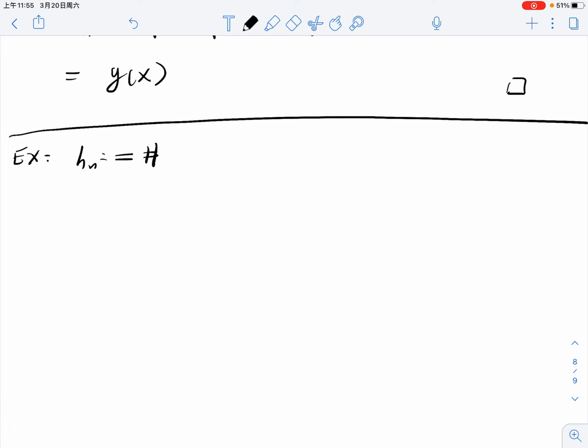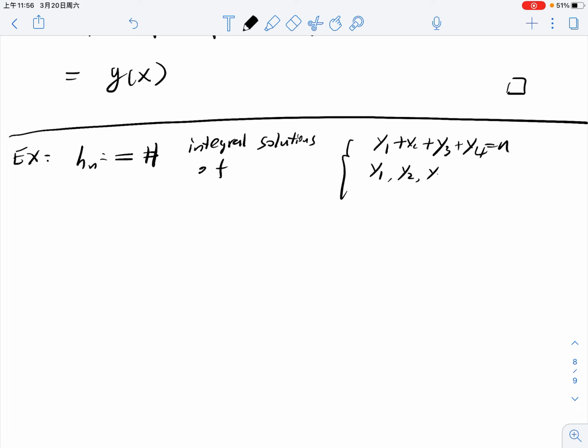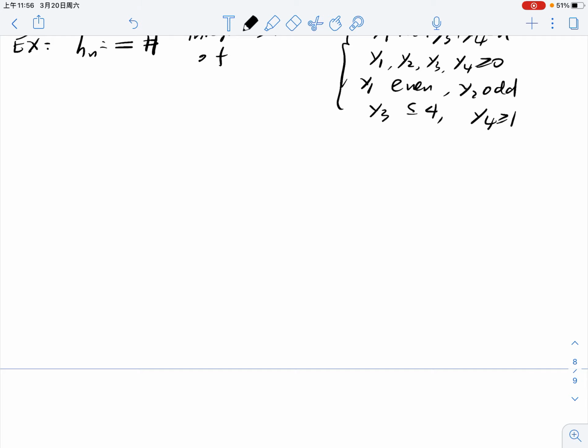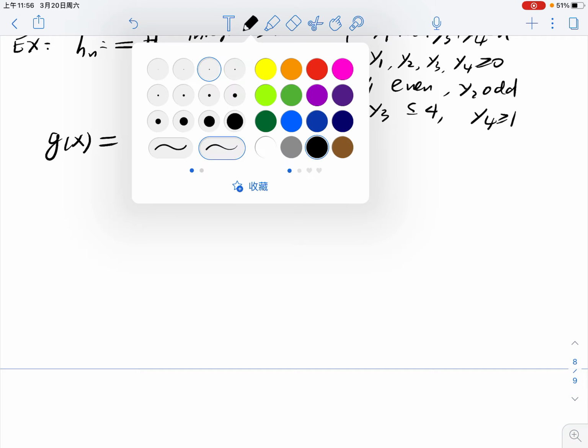Suppose H_n is the number of integral solutions of y1 plus y2 plus y3 plus y4 equals n, and each variable is non-negative, y1 is even, y2 is odd, y3 is less than 4, y4 is greater than or equal to 1. And then what is the corresponding g(x)?